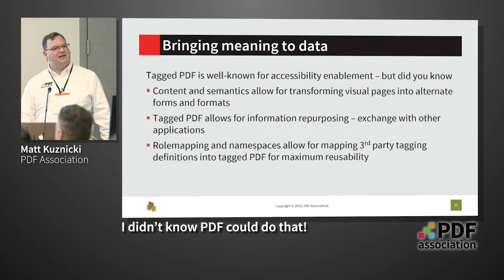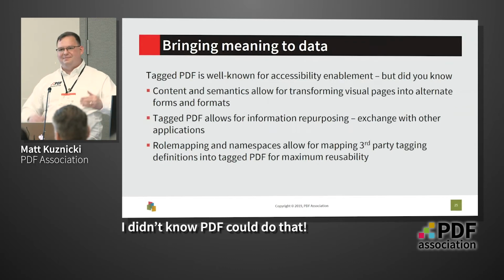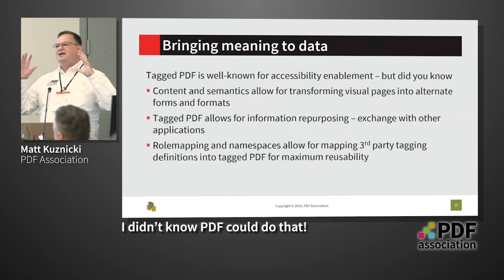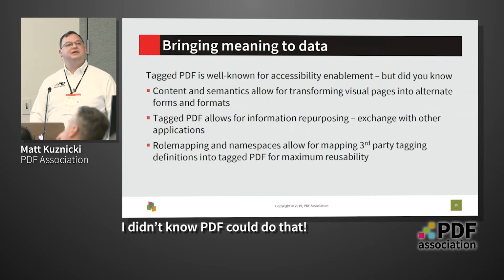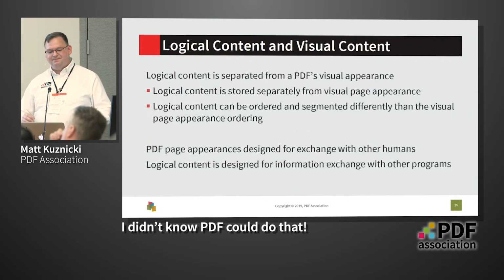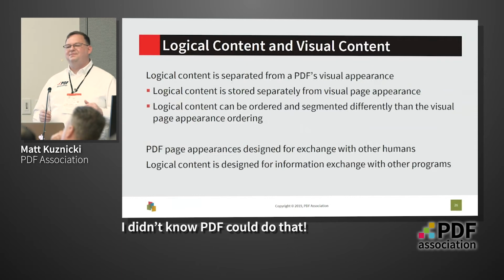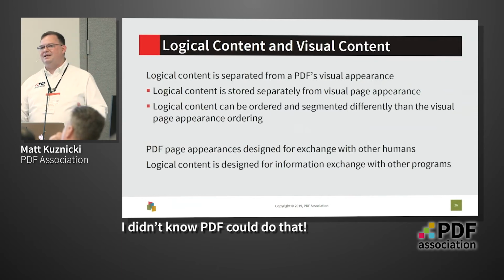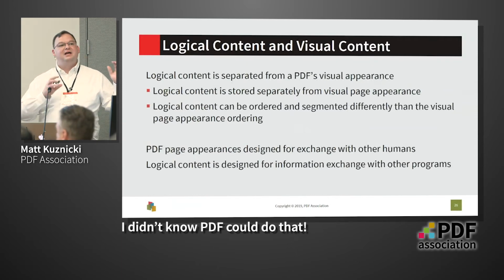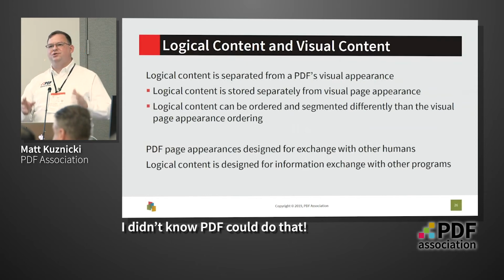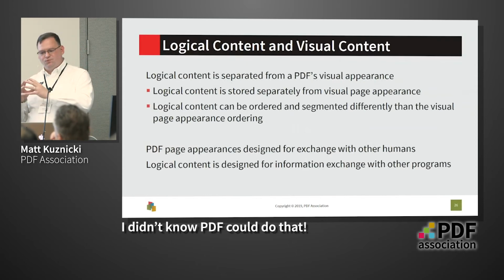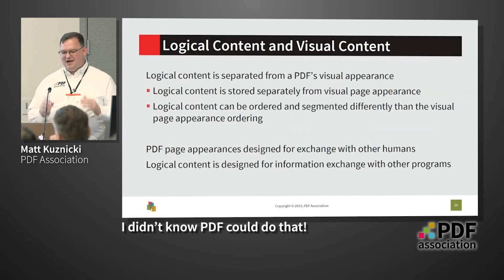That's a lot of data. I know, short time, but PDF lets you express all this and lets programs and computers work together to exchange data. Logical content is separate from visual content on a PDF page. It's related, but it's a much richer way to describe content.